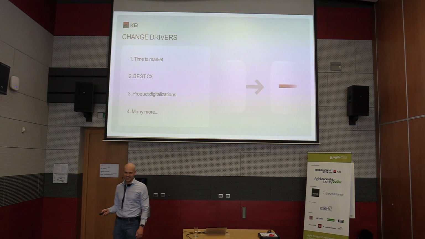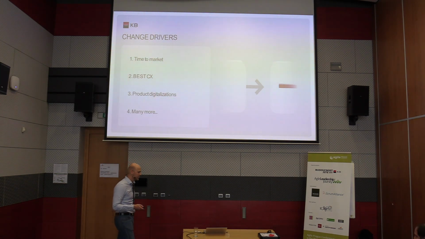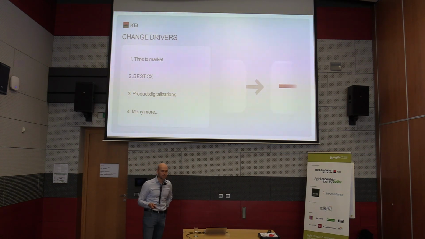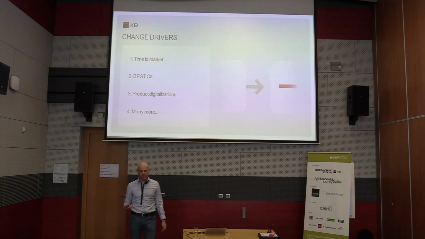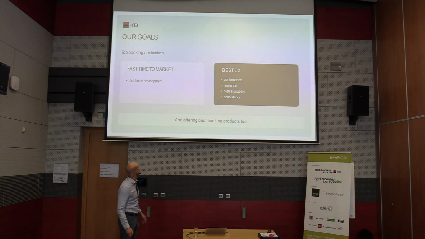Of course not. And it was perfectly visible during the COVID period. Nobody wants to go there. So we needed to change our products, make them more digitalized and offer that to our customers. And we simply could not do that with the current solution. It would be kind of difficult. Of course, there are more motivations. I can speak about them later.